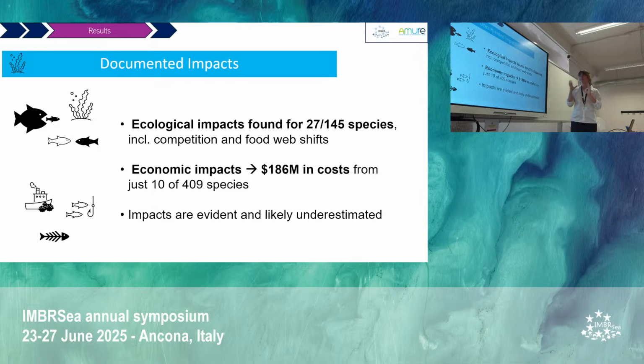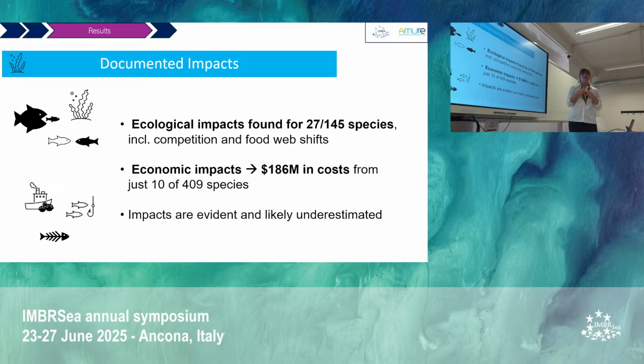When these ecological impacts become severe, they often translate into economic impacts. Out of the 409 species that we identified to be present in the Arctic, I could find monetary cost estimates for 10 of these. Only 10. That is less than 2.5% of all the species we found.